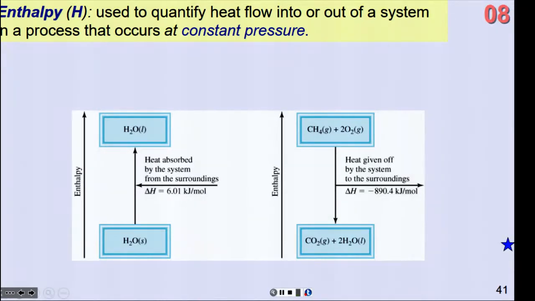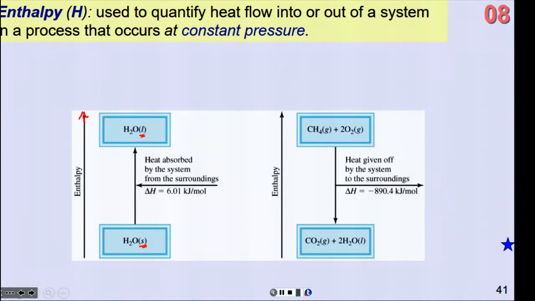Enthalpy going on the vertical arrow, and we're taking solid water and turning it into liquid water. Well, what does that take? It's just like melting the ice and snow outdoors. It takes heat. You have to absorb heat from the surroundings to melt that solid water to liquid, and the value given here is some number of kilojoules per mole. Don't memorize it, but this would be the heat of fusion.